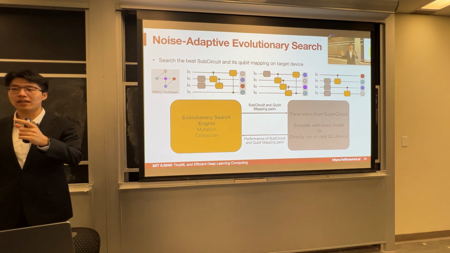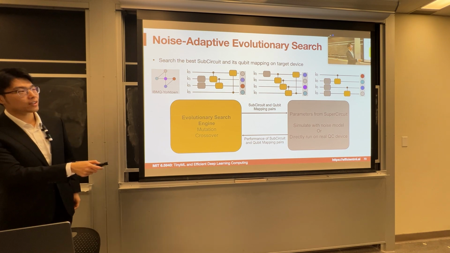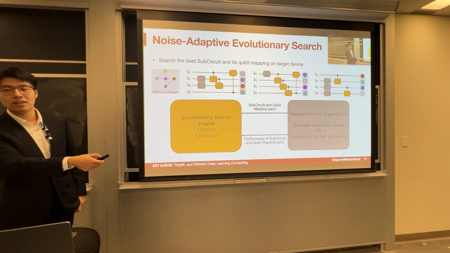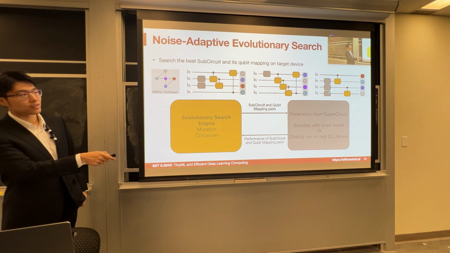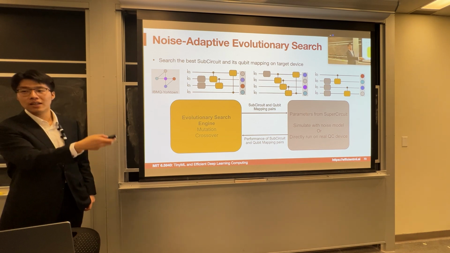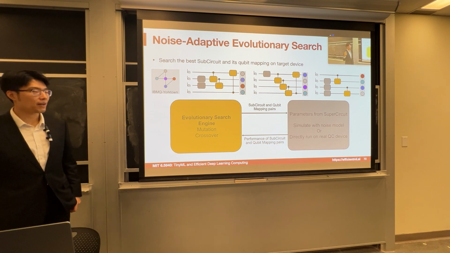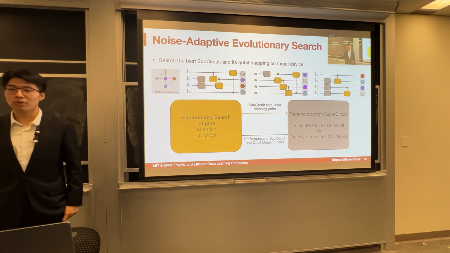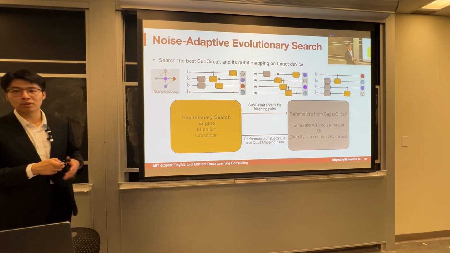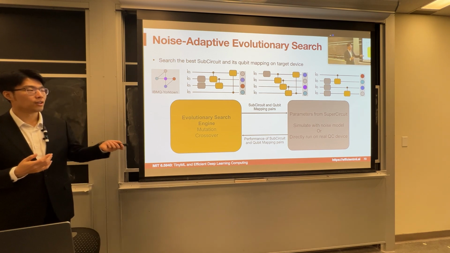And for any task, say I want to use this circuit for the quantum machine learning task, we can just use this and then train the parameters according to your image classification task. Or some other times we want to use this for the quantum chemistry, we can still reuse this structure because we already find this structure very suitable for a device.